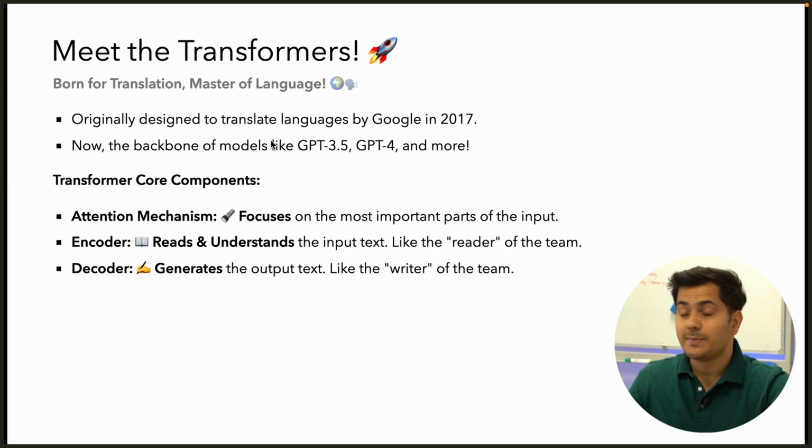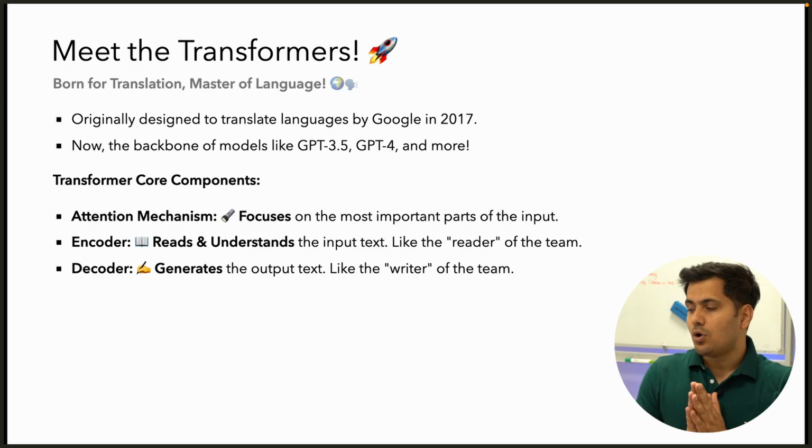So what is so special about the transformer architecture? There are a few key components. There's an attention mechanism, which basically allows the model to focus on the whole text rather than just a part of the text.